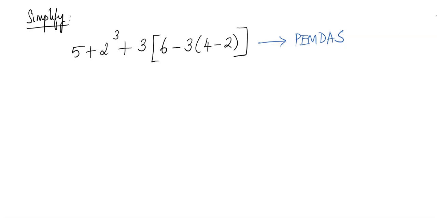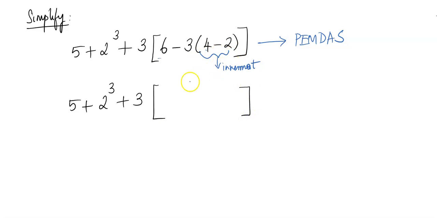So what the rule said was, when you have nested groups like this, a group inside a group, you start from the innermost. That's what you will work on first. So right now our priority is all about the parentheses. So copy down the other details as they are. You're not touching them yet. I'll keep this bracket too, because it's only the parentheses that we are interested in at the moment.